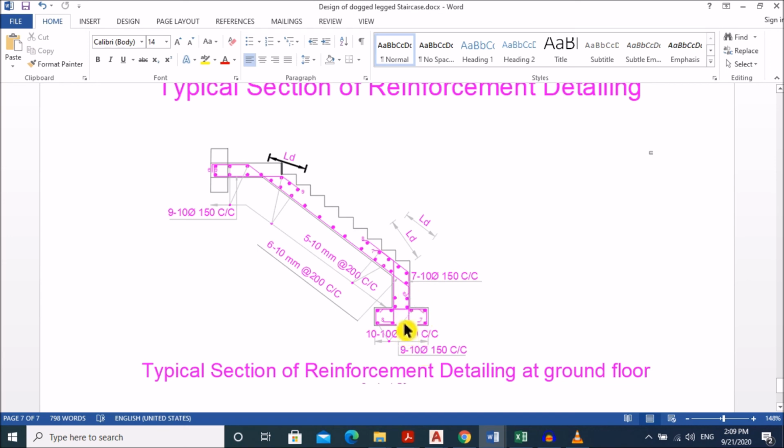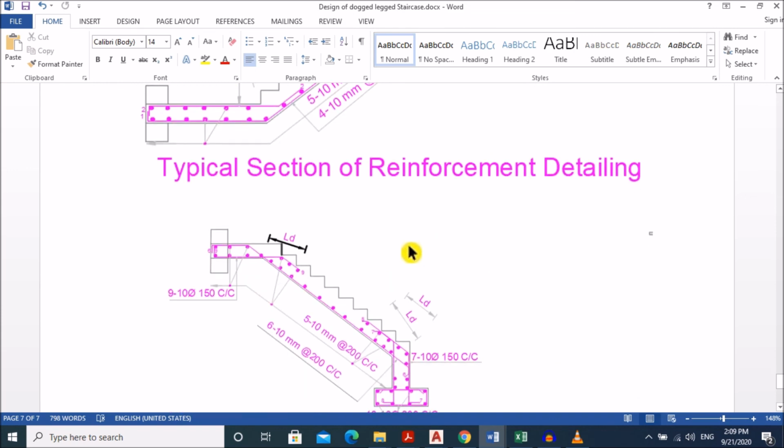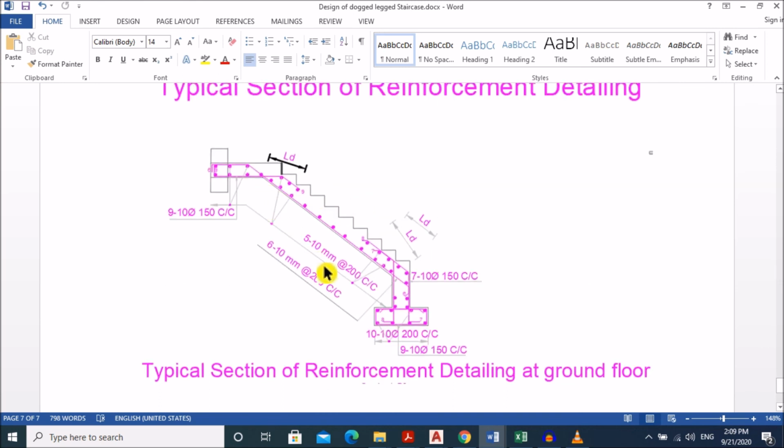That's why it is different from the other typical section of the staircase. The typical section of reinforcement detailing at ground floor, and the reinforcement is the same as in the typical section. This is 10 mm 200 center to center for distribution bar, and 10 mm at the rate of 200 center to center for main bar.